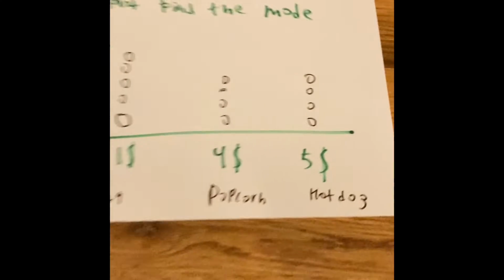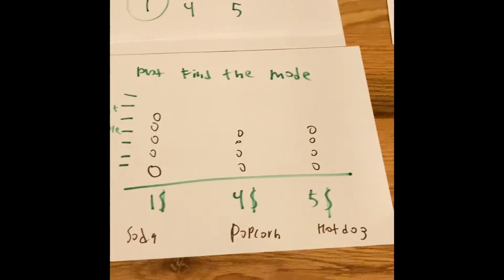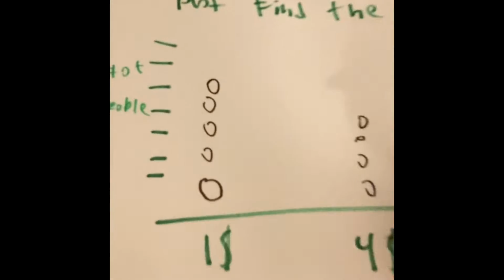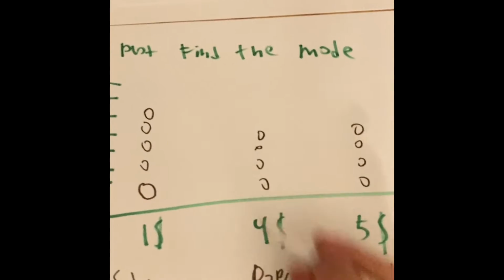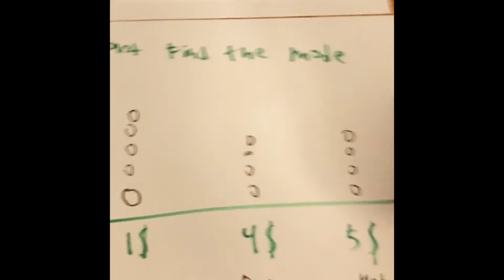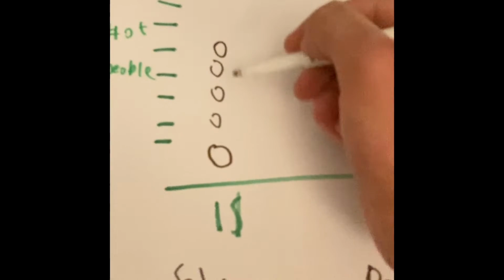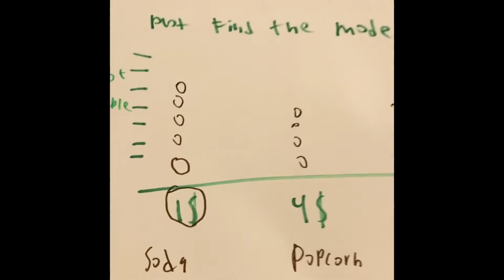So now we can find out which has the most sales, because we got all the data on this bar graph. We're going to say that sodas is the winner when you look at the stack. The soda stack has the highest number of sales, so soda wins the amount of sales at the concession stand.